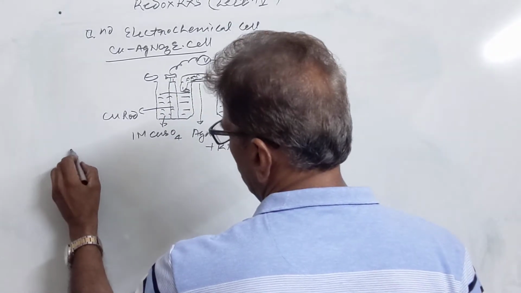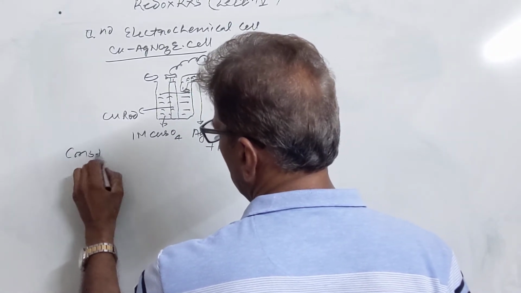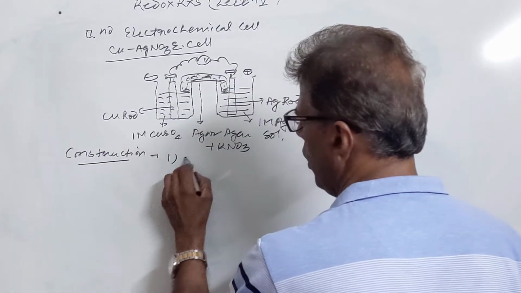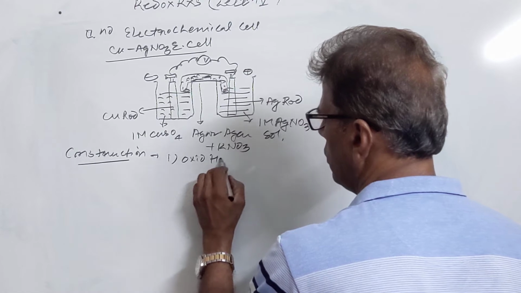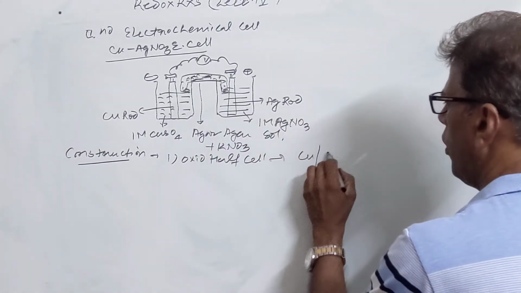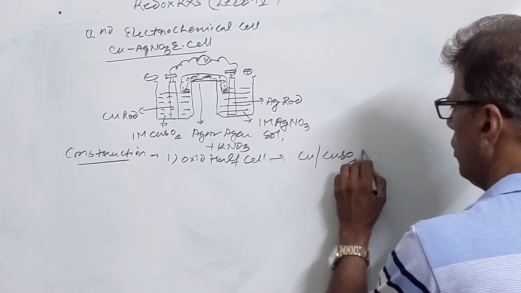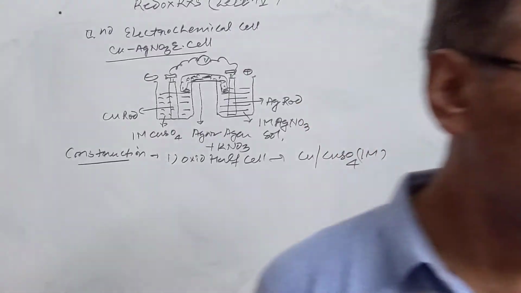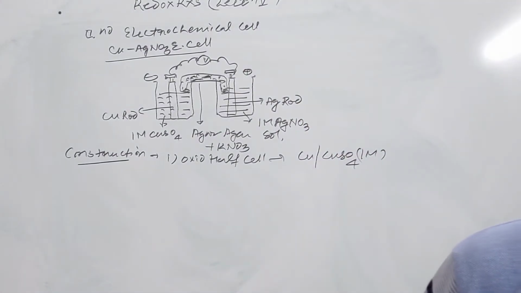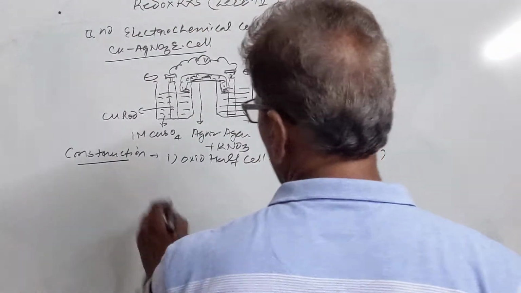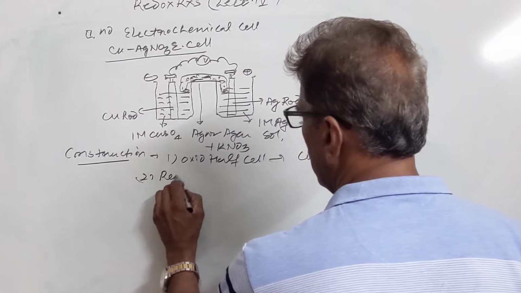Now construction of the cell. We have number one, oxidation half cell. It consists of copper rod dipped in 1 molar copper sulfate solution. Then we have second, reduction half cell.